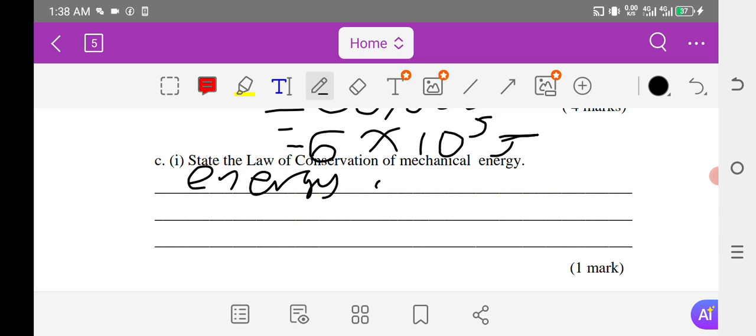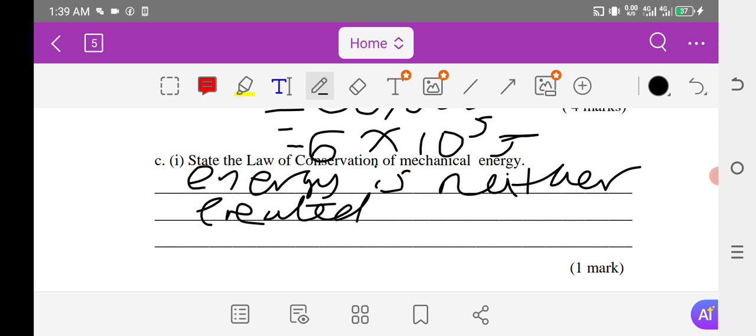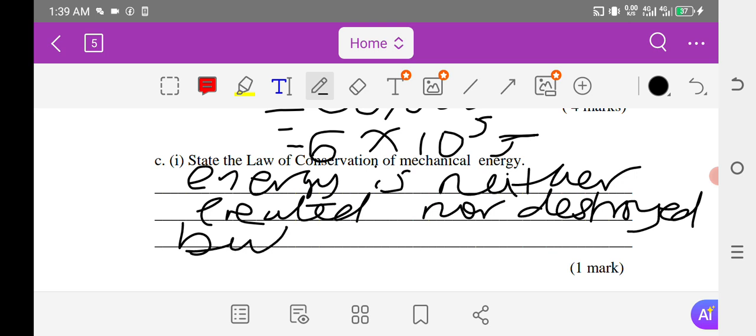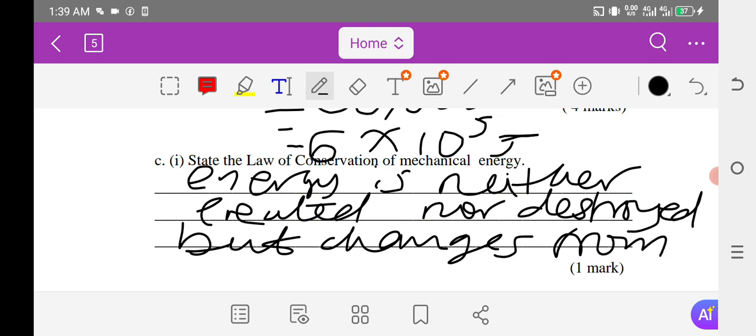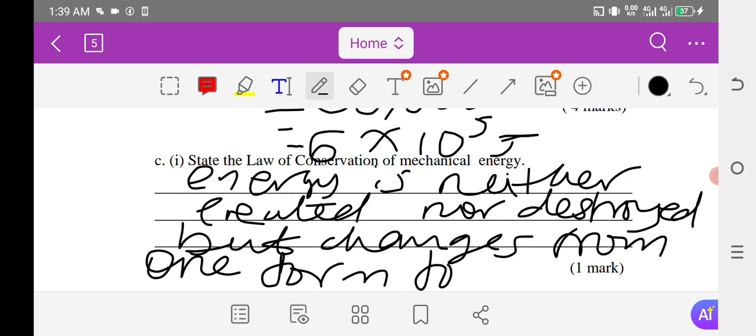So we are saying energy is neither created nor destroyed, but changes from one form to another.